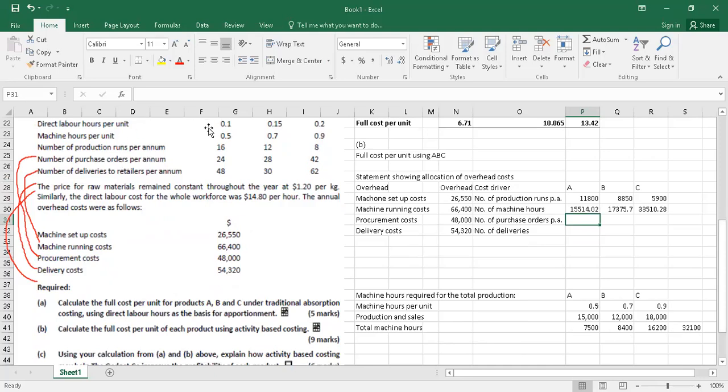Otherwise, directly taking the ratio of 0.5 to 0.7 to 0.9 would not be appropriate, because all the costs incurred are per annum. So the machine hours requirement also should be on a per annum basis, and then it is appropriate to use it as the basis of apportionment to allocate the cost. That is the logic behind it. I hope it is clear.